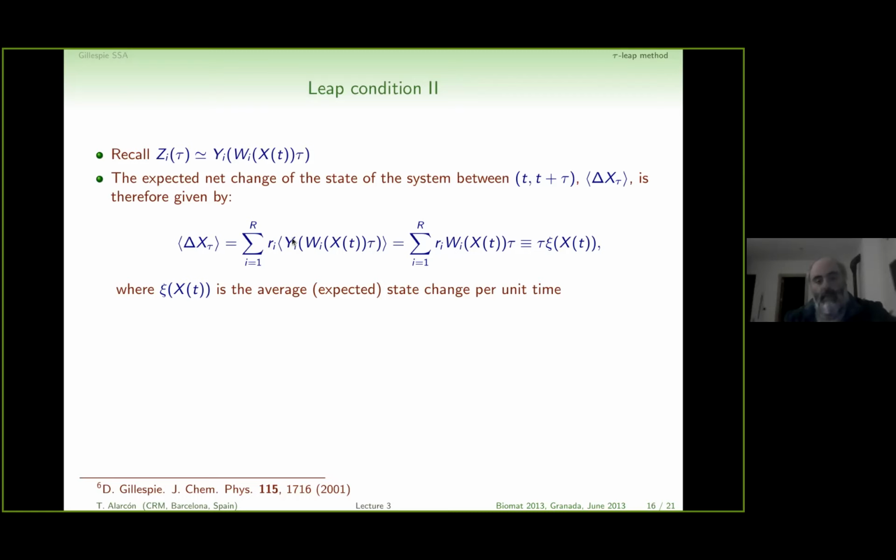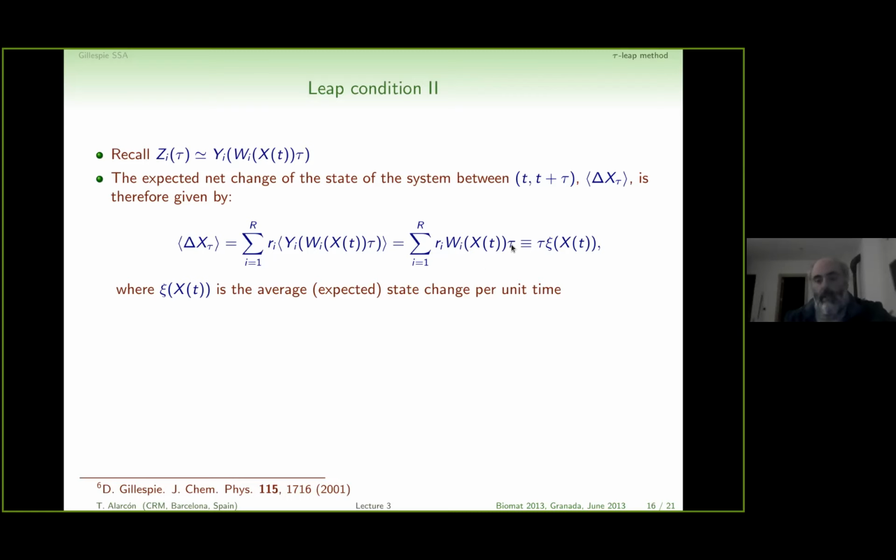Because these y_i's are Poisson variables, the average is given by this quantity here. The average of the Poisson distribution with parameter lambda is just the parameter lambda, so w_i multiplied by tau.